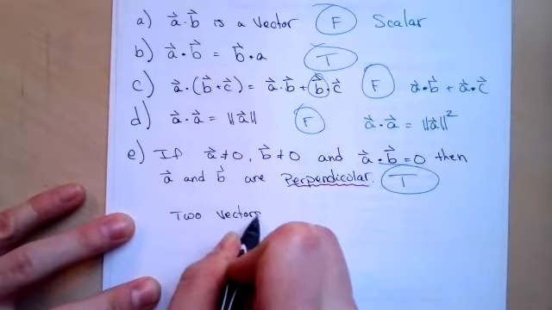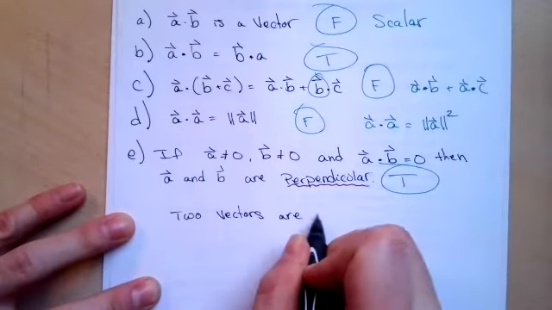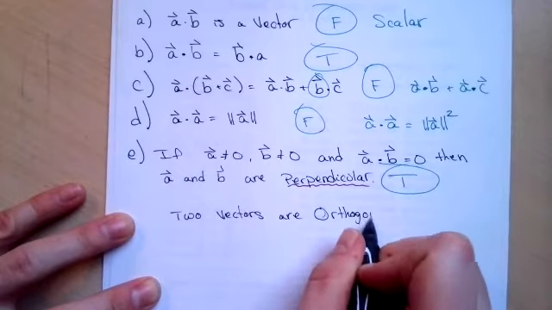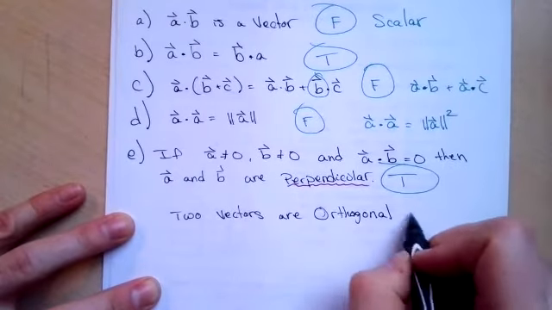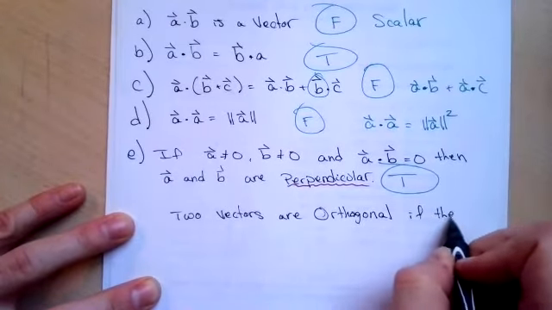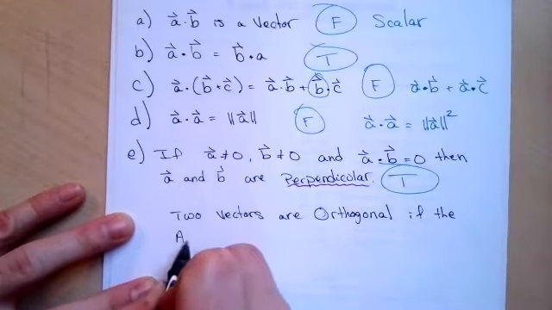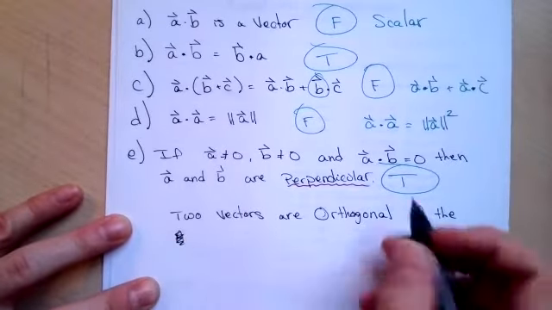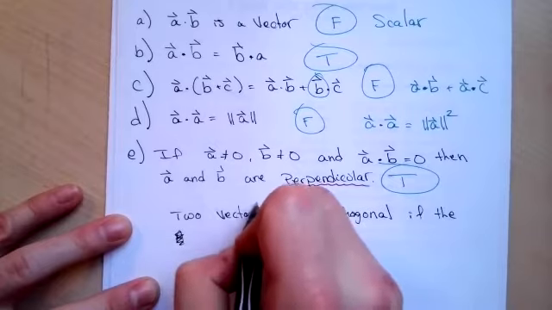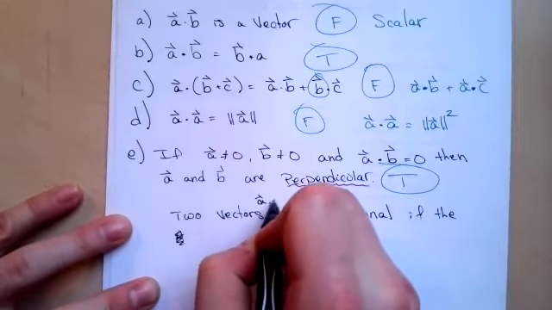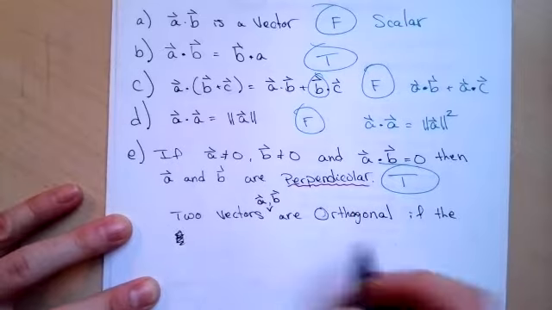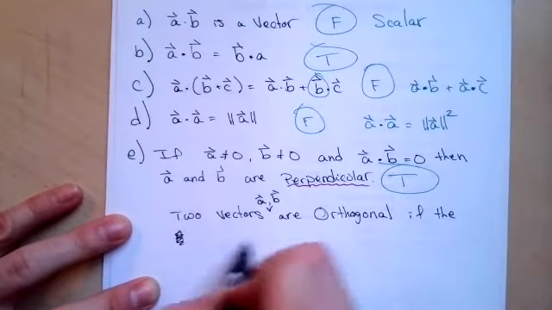Two vectors are orthogonal if, let me squeeze in some words. So two vectors A and B are orthogonal if the dot product is 0.